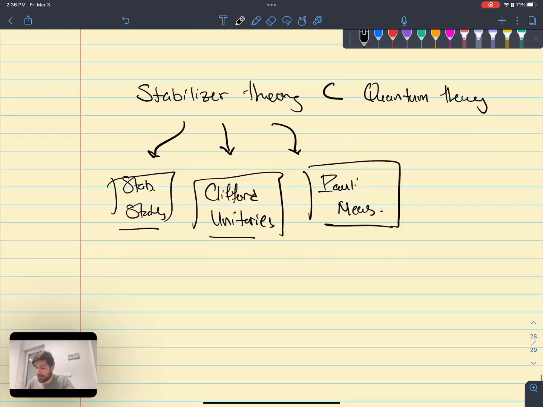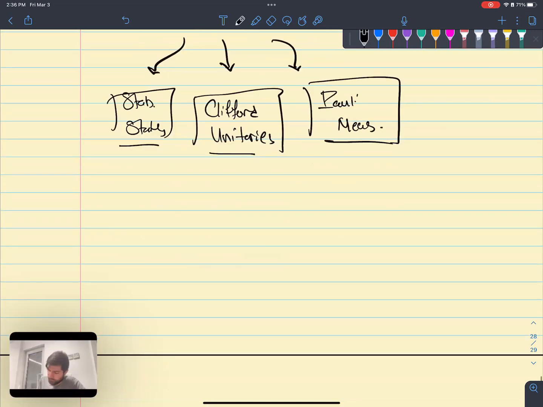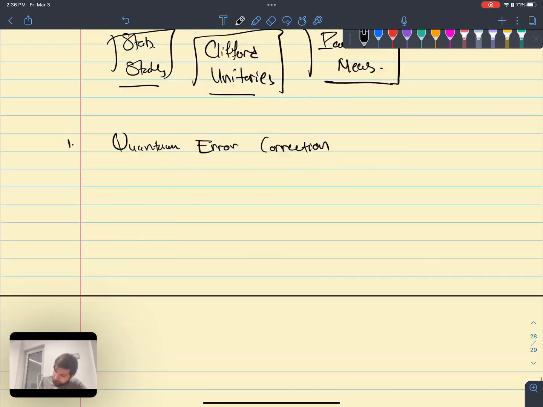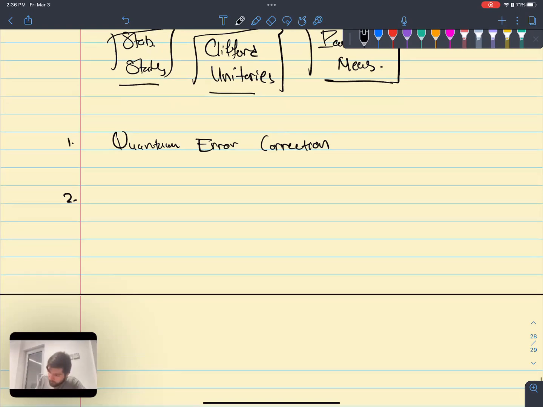The stabilizer theory is nice in two regards. One is for quantum error correction, which I will not focus on so much here. The second is what we will focus on here, which is classical simulation.